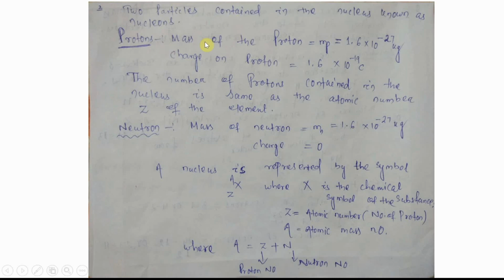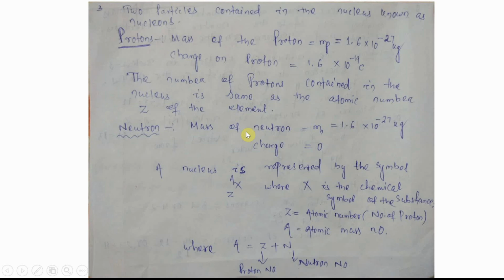The proton has mass 1.6 into 10 to the power minus 27 kg, and the charge on the proton is 1.6 into 10 to the power minus 19 coulomb. The number of protons contained in the nucleus is the same as the atomic number Z of the element.